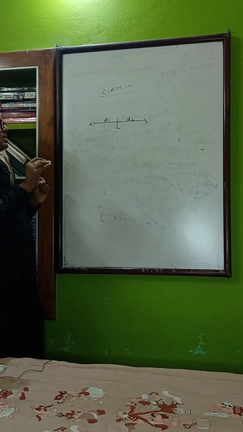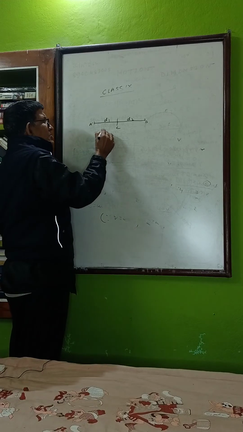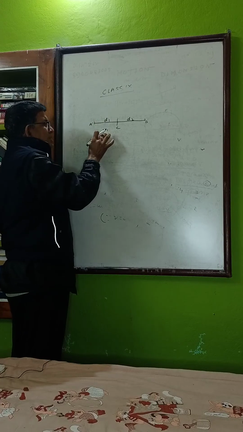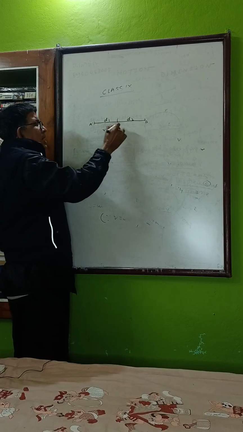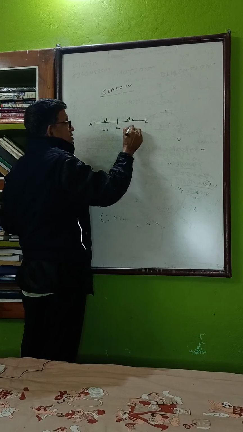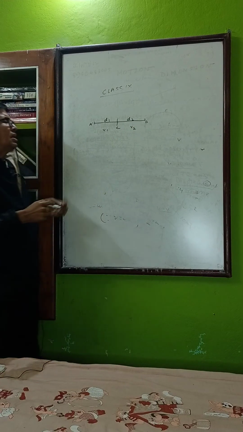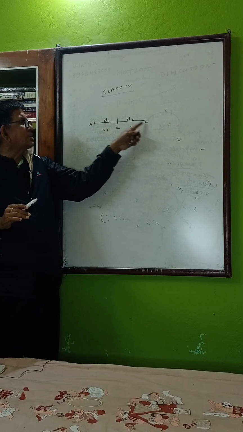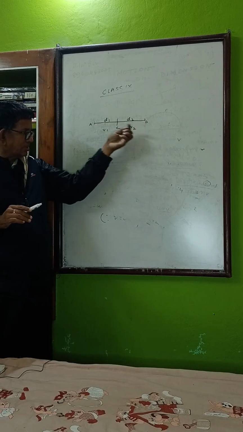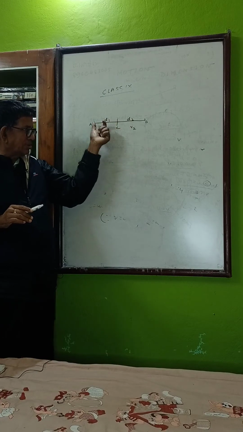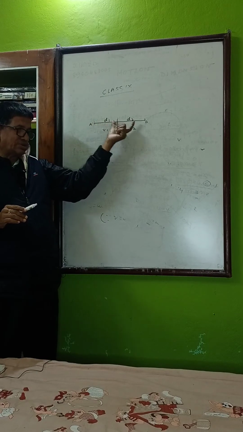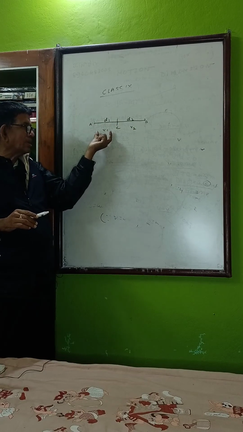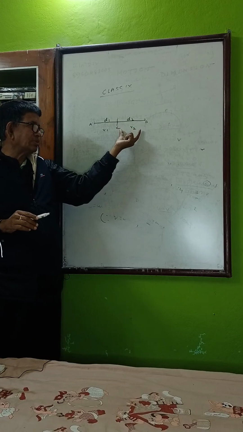Now the moving particle moves with velocity v1 for d1, that is AC, and d2 displacement is covered with velocity v2. Again, remember, A to B total displacement is divided into two parts, d1 and d2. For d1 displacement, the body moves with velocity v1, and for d2 displacement, the body moves with v2.